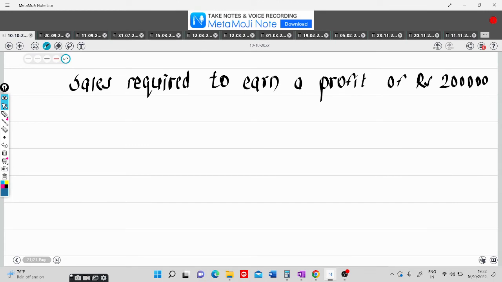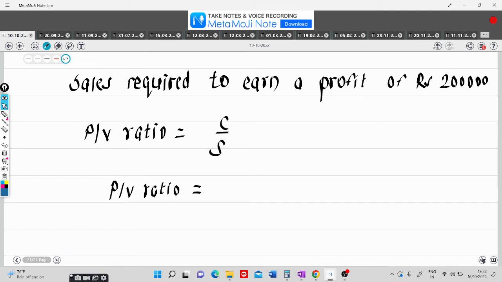To calculate sales here, again we will use the same formula for PV ratio, because remember PV ratio is nothing but the ratio indicating the relation between sales and profit. So PV ratio is equal to contribution upon sales. Again in this problem I will be substituting the formula of contribution, which is fixed cost plus profit.